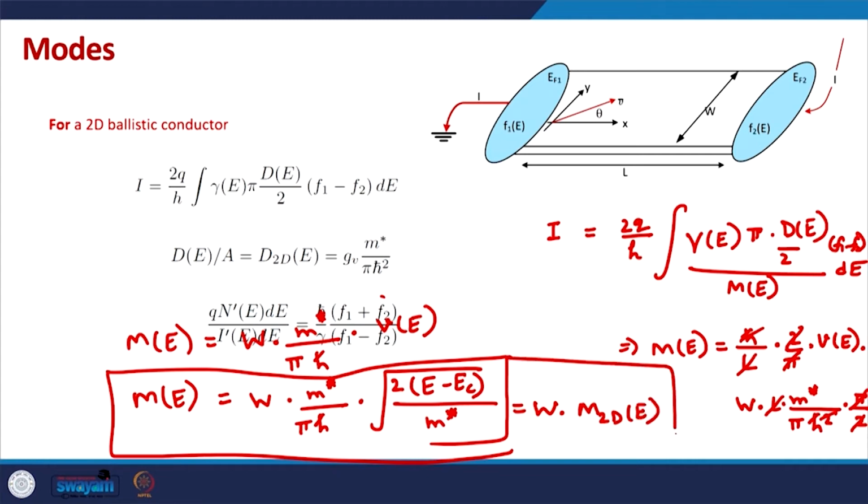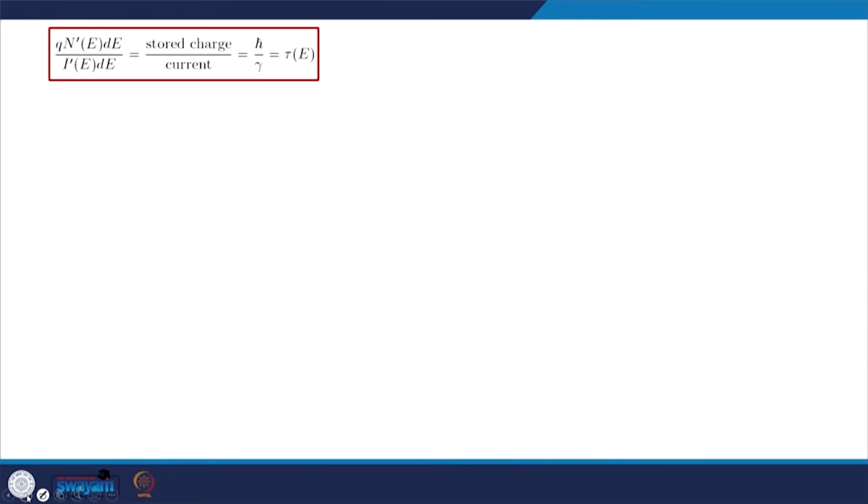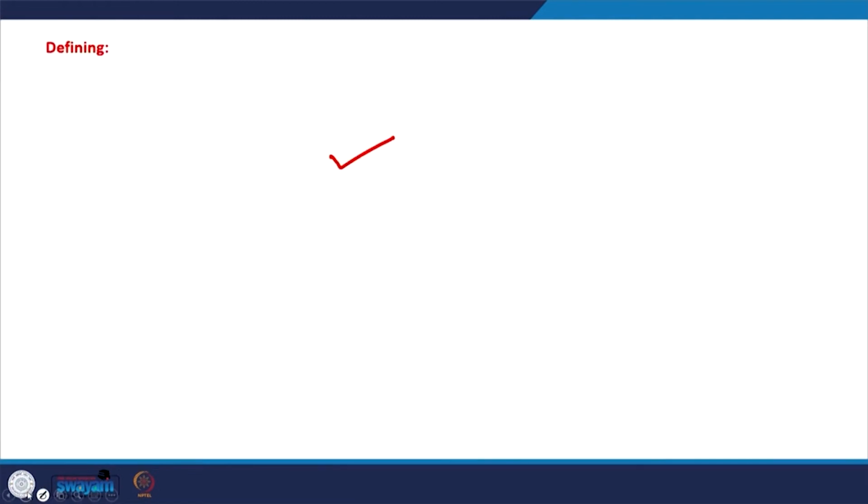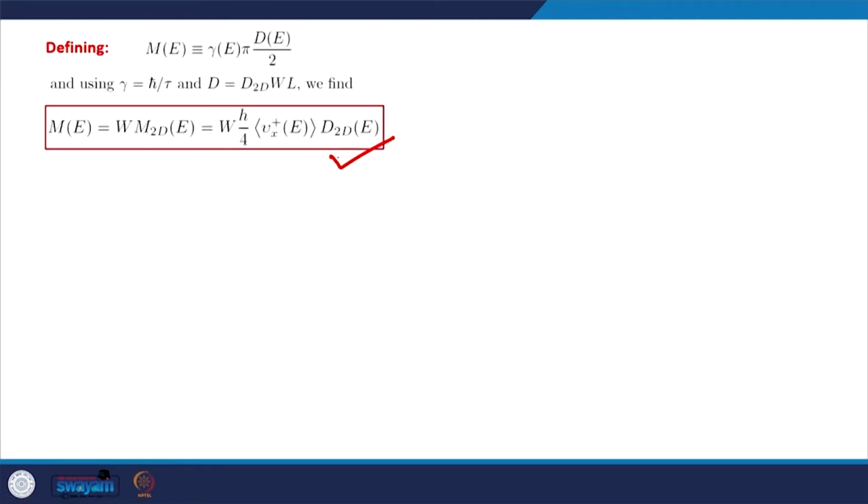Basically, M2D(E) is the number of modes per unit width of the channel. So, this was the case with a 2D channel, and this expression is exactly equivalent to this expression.